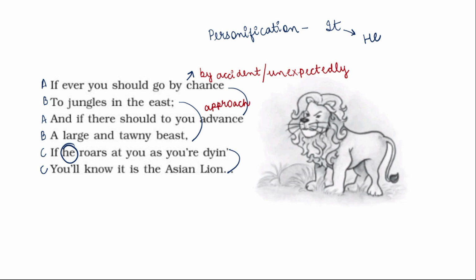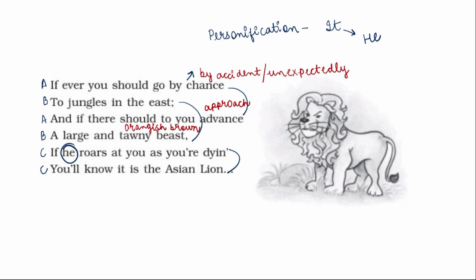Tawny means orangish brown. If he roars at you as you are dying, you will know it is the Asian lion. So the roar of the lion is extremely ferocious or scary, which can kill us out of our fear.